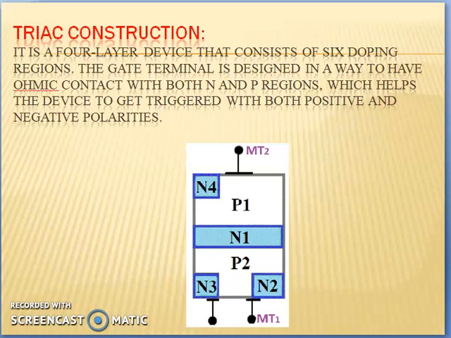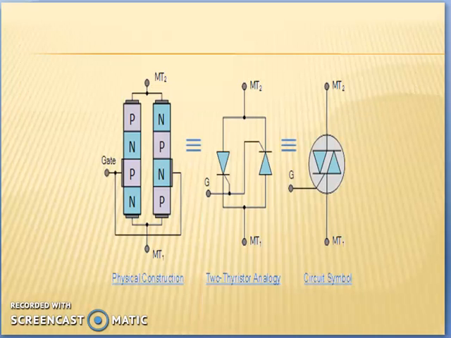The gate terminal is designed in such a way as to have resistive contact with both the P region and the N region, and this helps the triac get triggered in both positive and negative half cycles. From here you can see the construction. Here you can see the SCRs connected in anti-parallel.